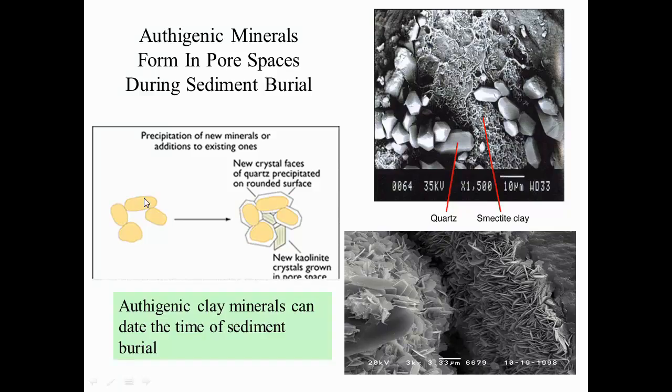For example, during burial within the basin, new minerals can precipitate within the sediments. Minerals like clays, for example, kaolinite, and other minerals. And these authigenic minerals, when dated, can provide an age of diagenesis within the basin itself.